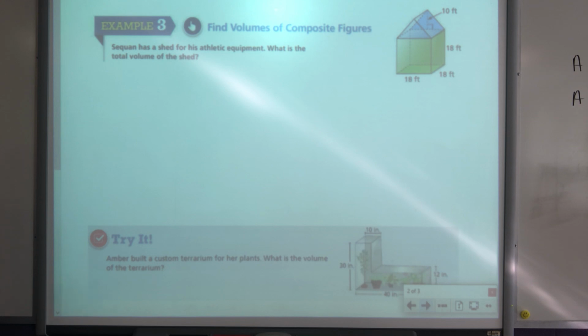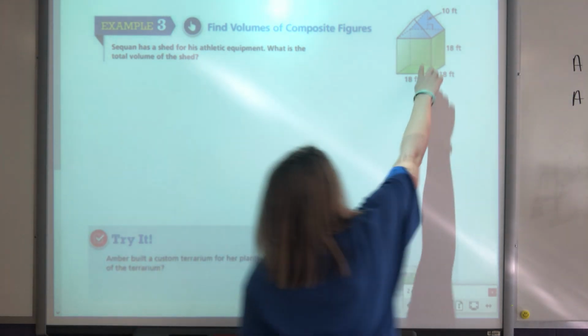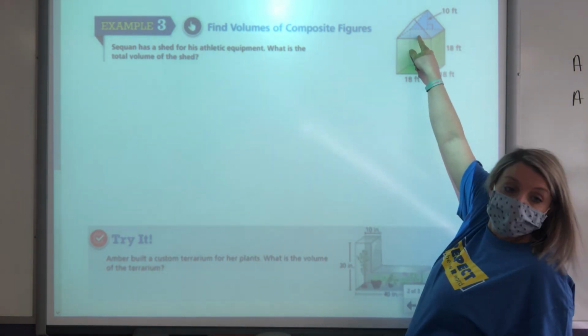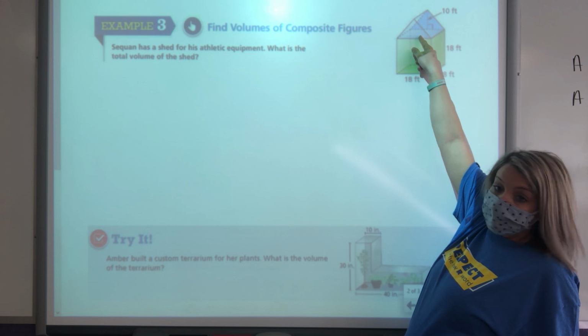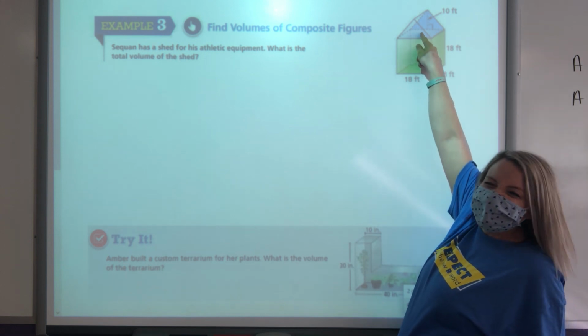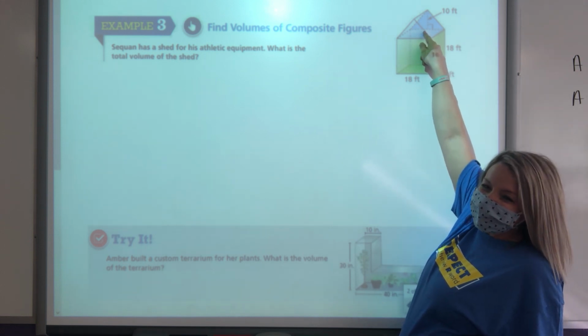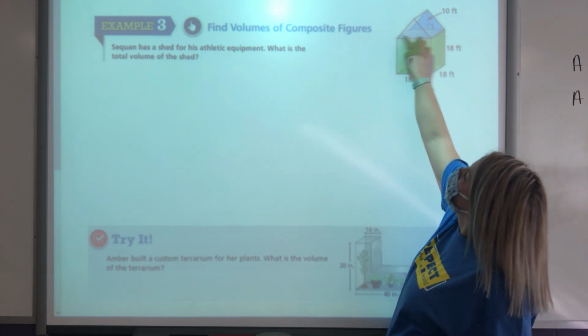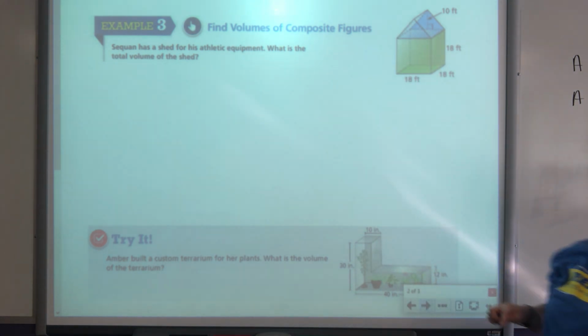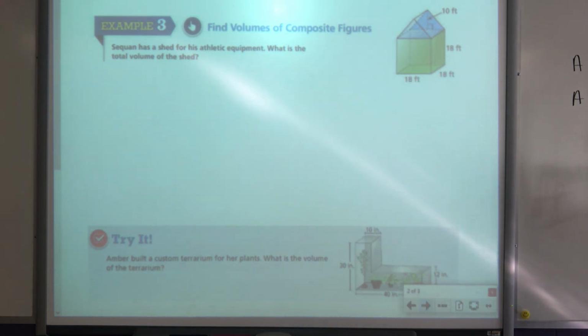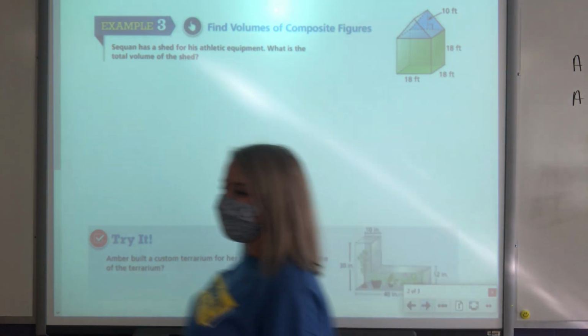Okay, so what do you see, Lil? Okay, so what kind of prism is this? Hayden, go ahead. Triangular prism. Triangular prism. Very good.